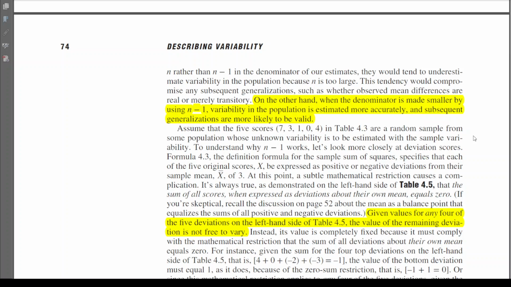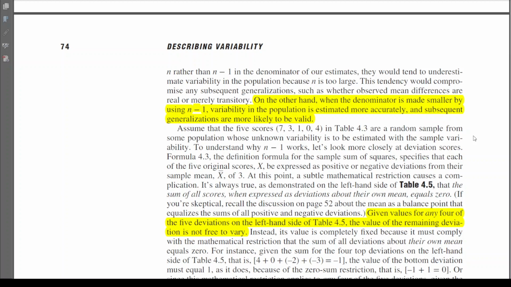So, to understand whether the observed mean difference after an experiment is real or merely transitory, it is important for us to be able to calculate the population variance accurately. Now, to calculate the population variance accurately, we use n minus 1 in the formula instead of n. It will get clearer as we move along.